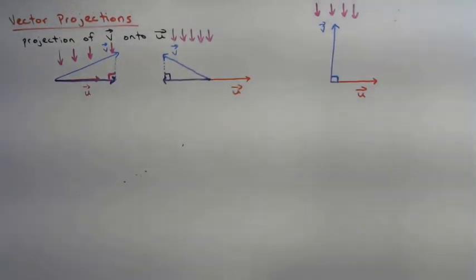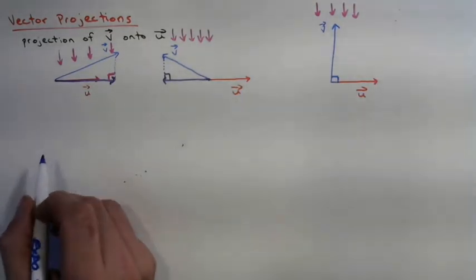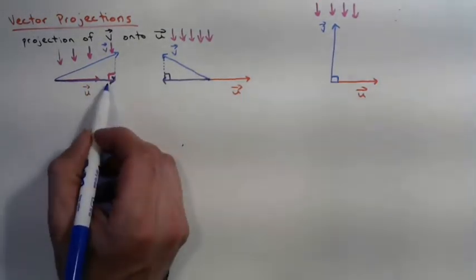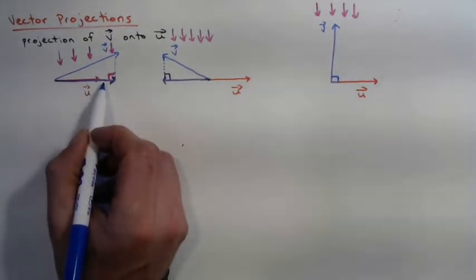Okay, I'm going to give you just the symbol that we use here. This vector, this purple one that I have here, is the projection of vector v onto vector u.